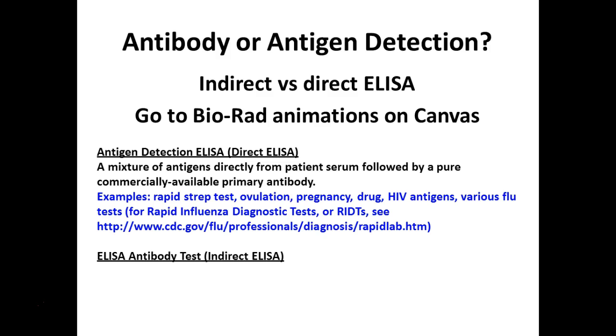Indirect ELISA, we're looking for what? Antibodies. So what would you make antibodies against? Why would we want to know if you made antibodies? To see if you're vaccinated, right? When they were running titers, they're actually quantifying how many antibodies you have against, say, rubella, German measles.